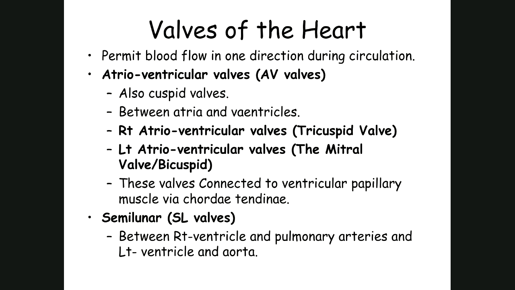They are on the right side and the left side. The right atrioventricular valve is called tricuspid. Tricuspid means they have three flaps. And the left one is called the bicuspid valve.